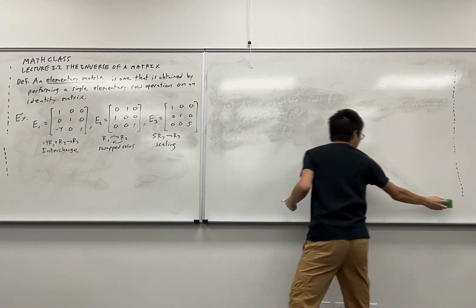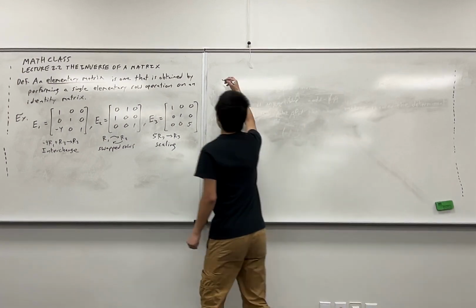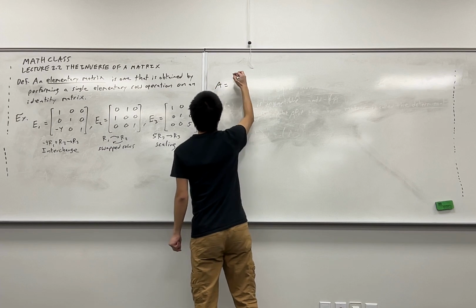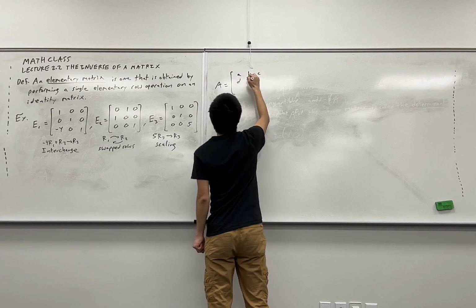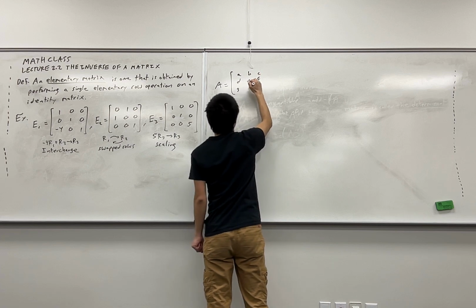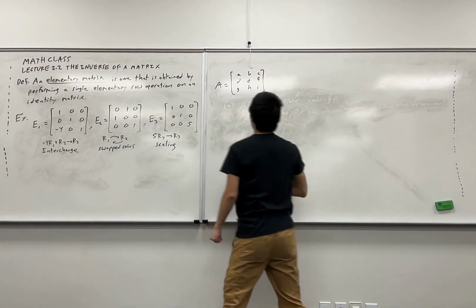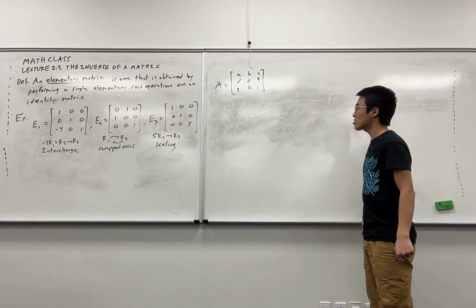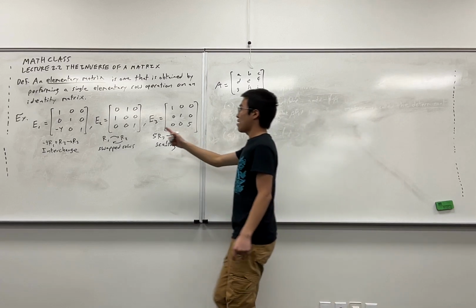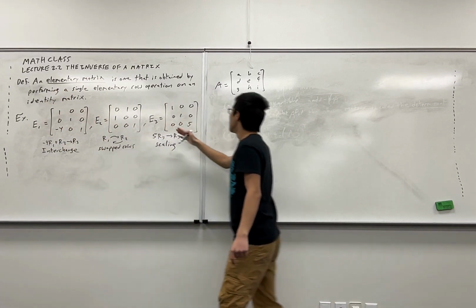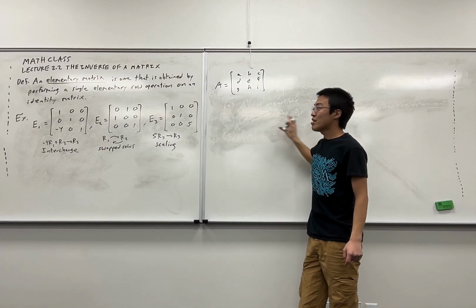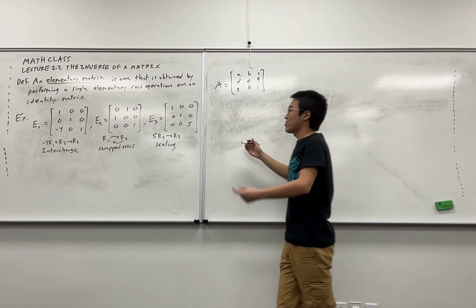Say I now have just a general 3x3 matrix A that we don't really know what its values are. So let's call this just A, B, C, D, E, F, G, H, I. Okay? And now what I'm going to do is multiply an elementary matrix, one of these, by my A, and we'll see what the net effect is on A, and then compare what's happening.